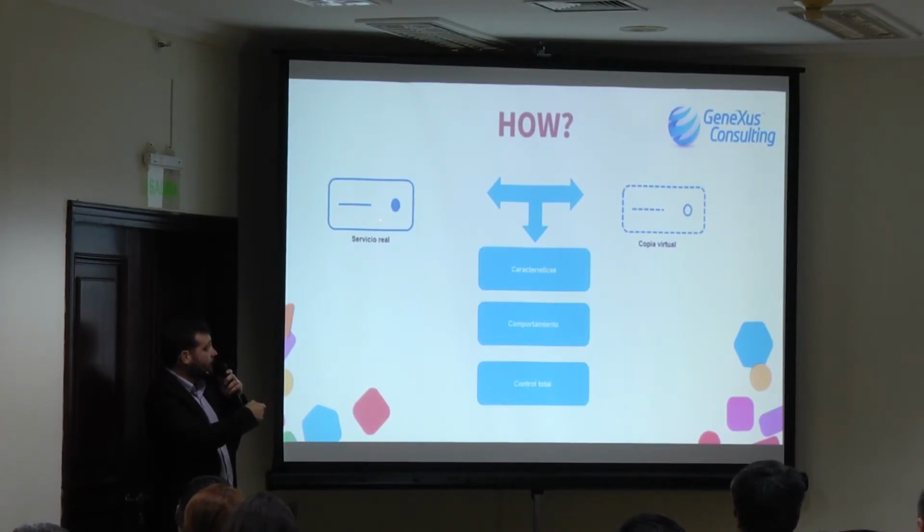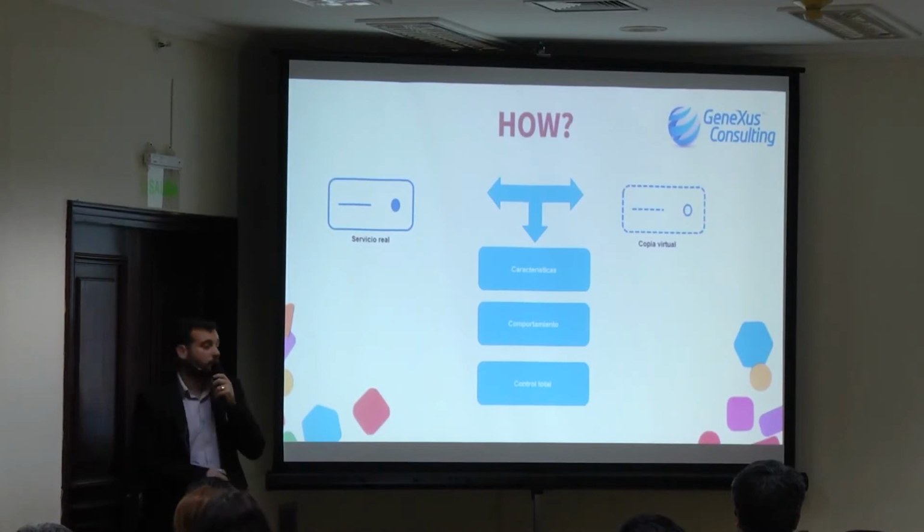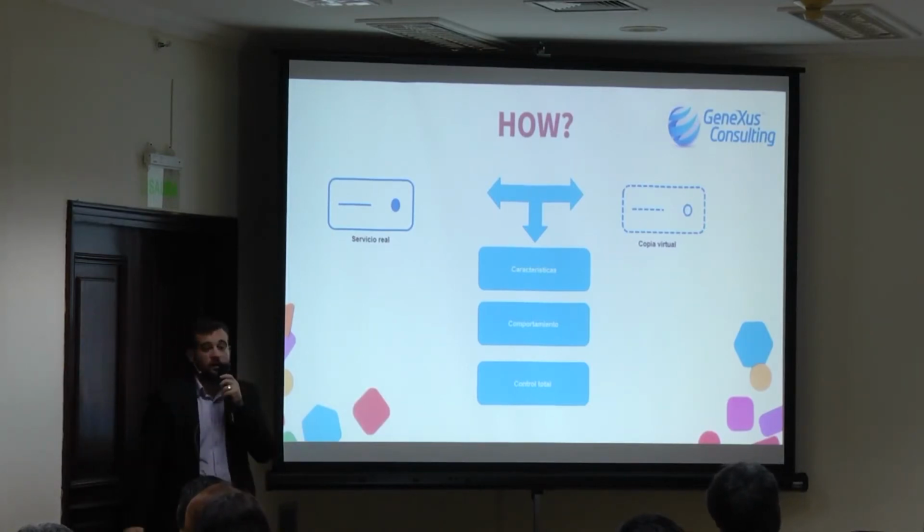So we'll be able to have the same characteristics, the same features as the real service to obtain the same behavior, but with the possibility of having full control of the service. That is, we're always going to have it available because it's going to be local.